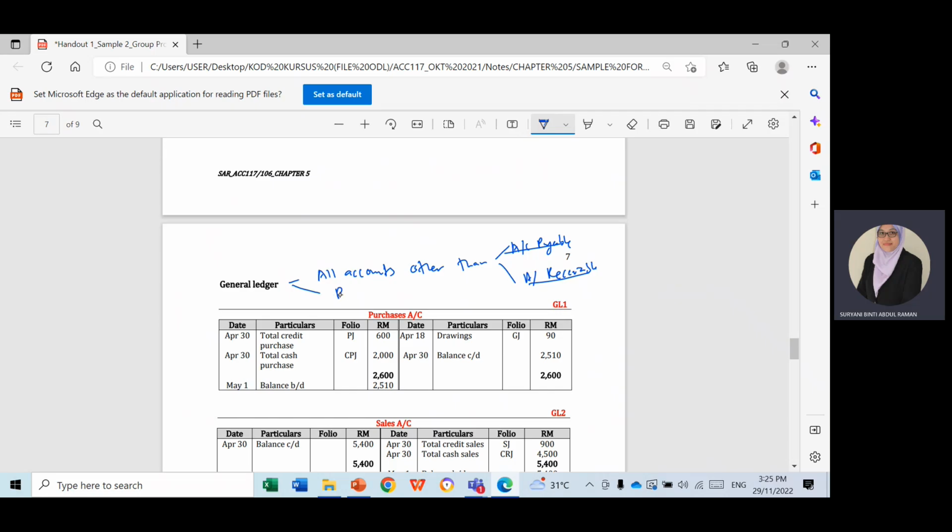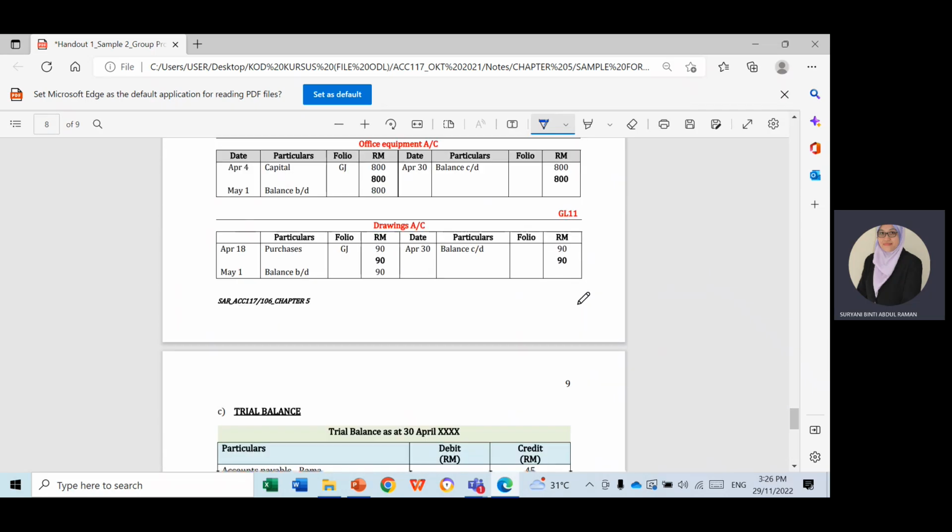It involves real accounts and nominal accounts. Nominal accounts refer to the accounts categorized under revenue and expenses, whereas real accounts are accounts that are not categorized under nominal and personal accounts. Starting from GL1, we have purchases, followed by GL2 sales, until drawings, that is GL11.